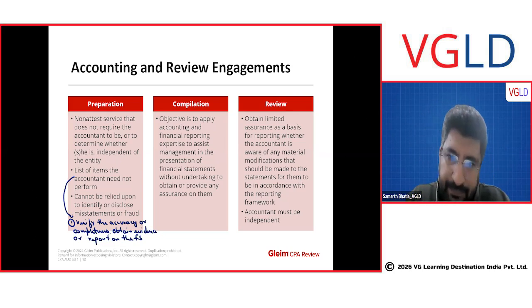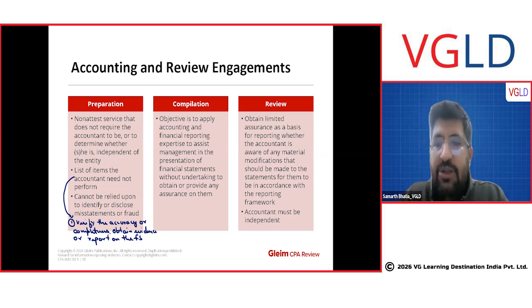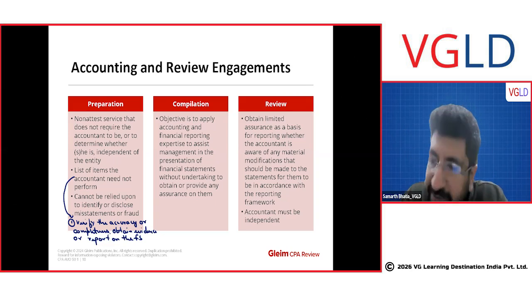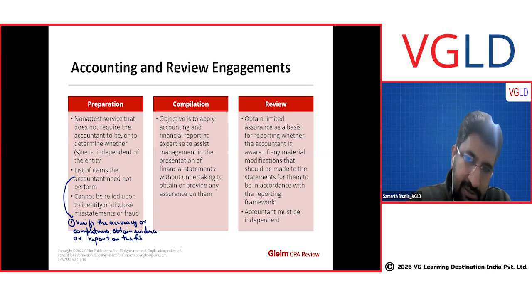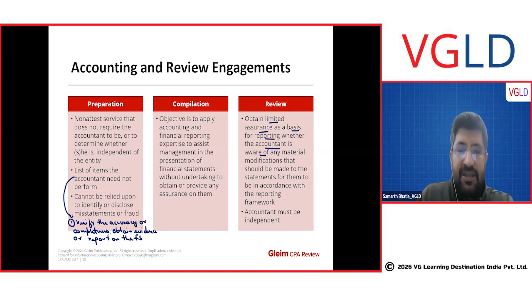Next is review. Review means to obtain limited assurance that the accountant is not aware of any material modification needed for the financial statements to conform to the reporting framework. I obtain limited assurance as a basis for reporting whether the accountant is aware of any material modification that should be made to the statements for them to be in accordance with the reporting framework.